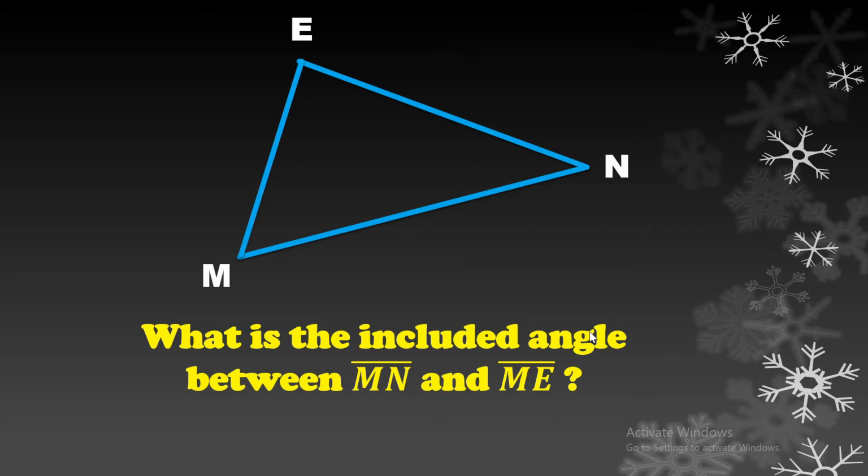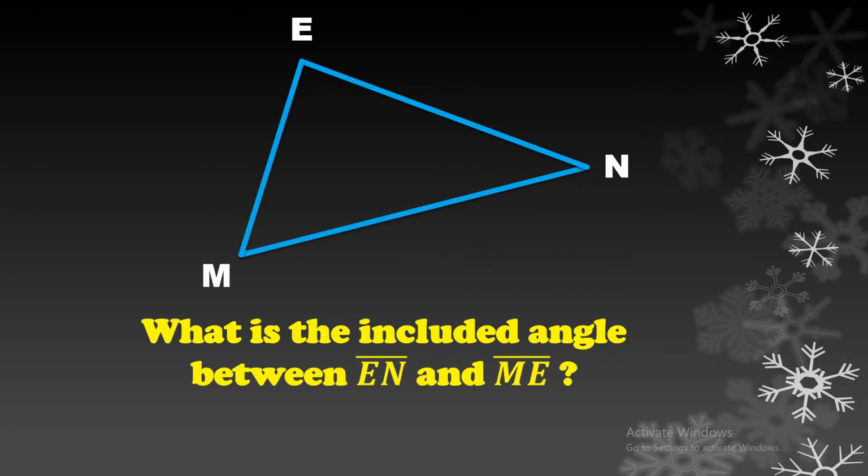Say, for example, in here, what is the included angle between segment MN and segment ME? If we take a look at the figure, segment MN is here and segment ME is here. The included angle is the angle formed by those two given segments. So the angle is angle EMN, or simply it's angle M.